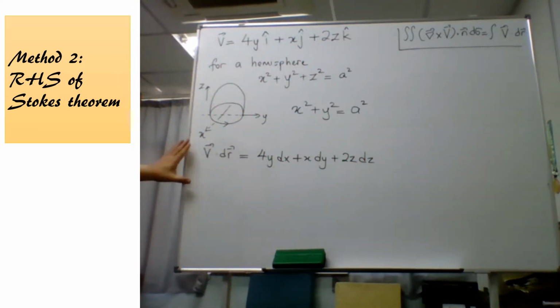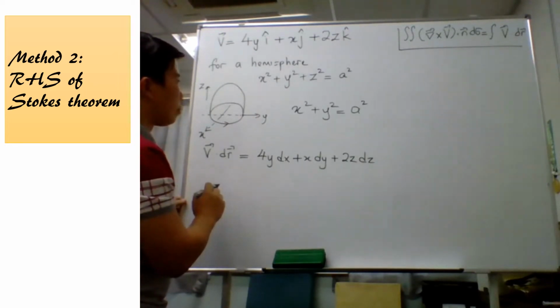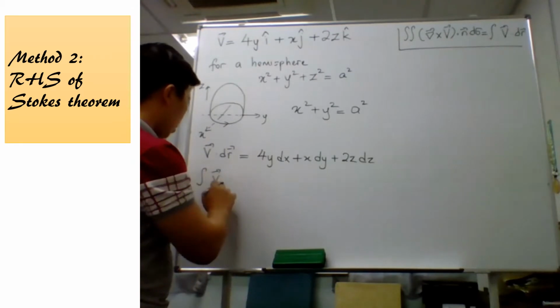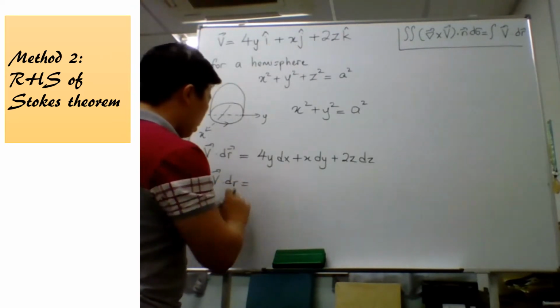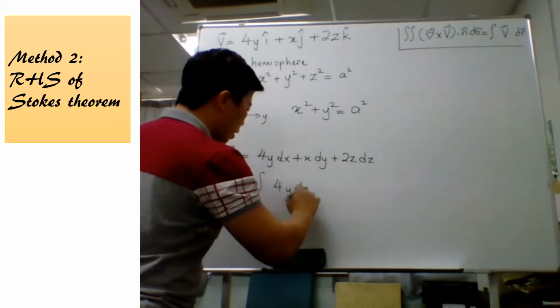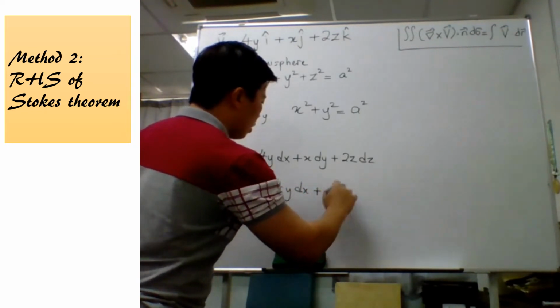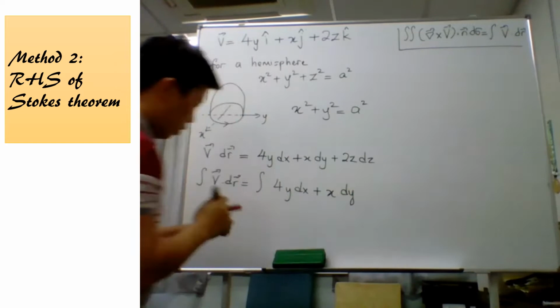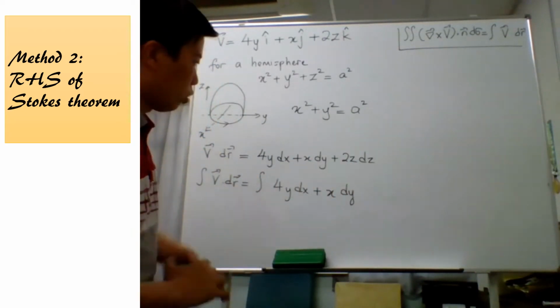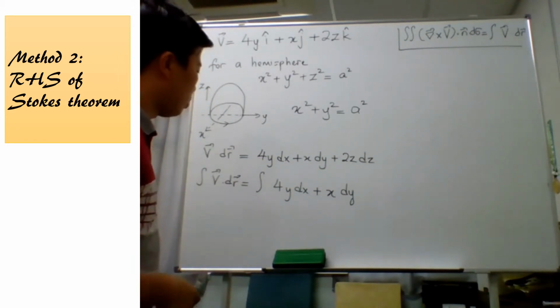Then I will have to integrate this equation, right? So here I will have v dot dr, and this is going to be 4y dx plus x dy, but my z is equal to 0, so I do not have a contribution from this term.